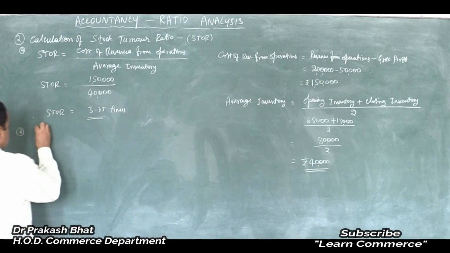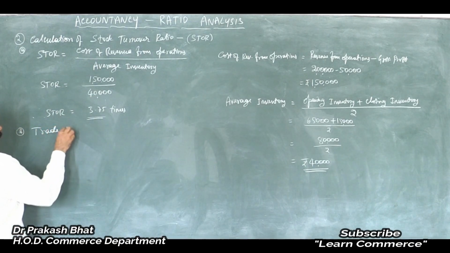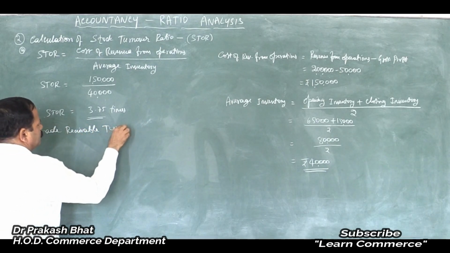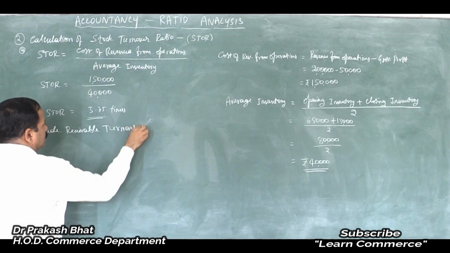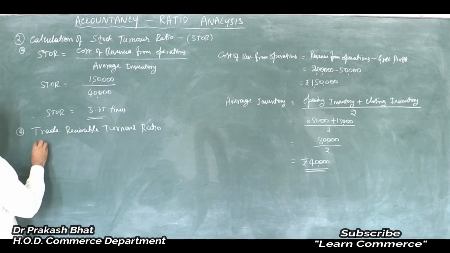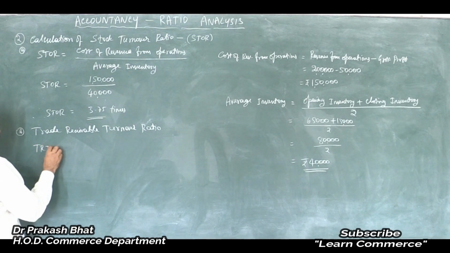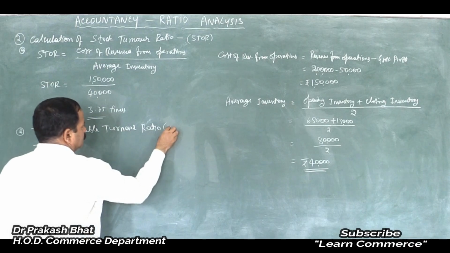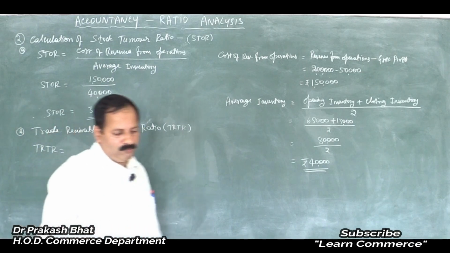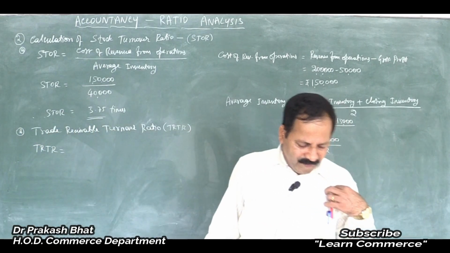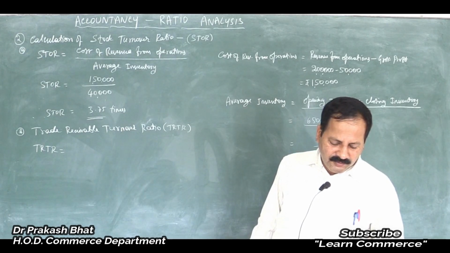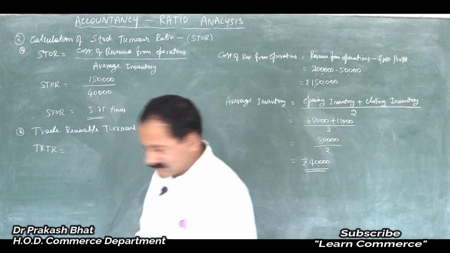Trade receivable turnover ratio is equal to, write the formula: net credit revenue from operations divided by average trade receivables.